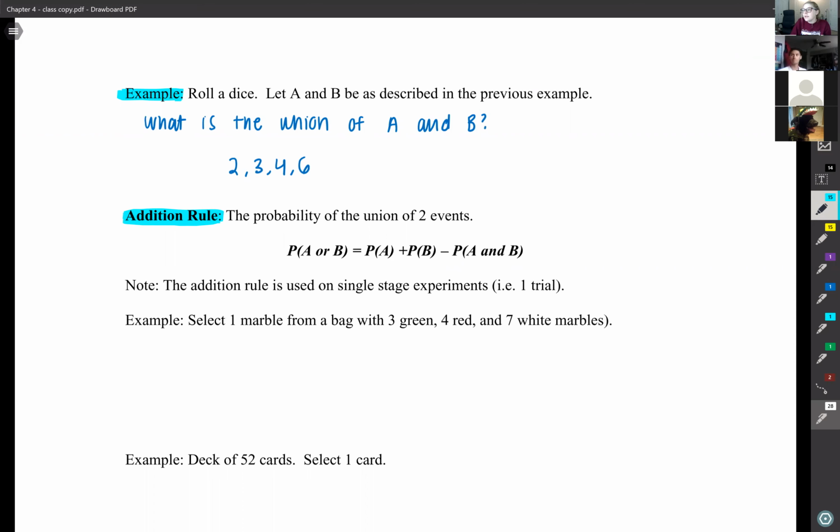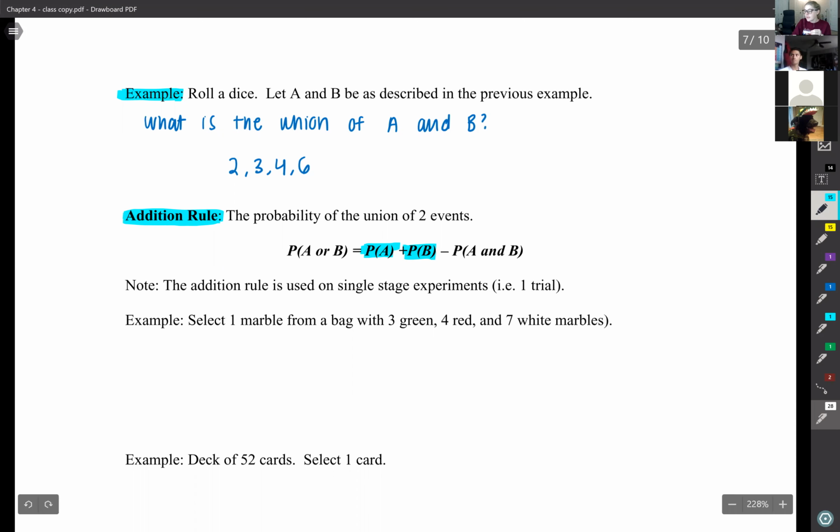Let me explain why logically this should make sense. If we want the probability of A or B, first we take the probability of A happening and add the probability of B happening. Remember, A or B can mean that A happens or B happens or both happen.